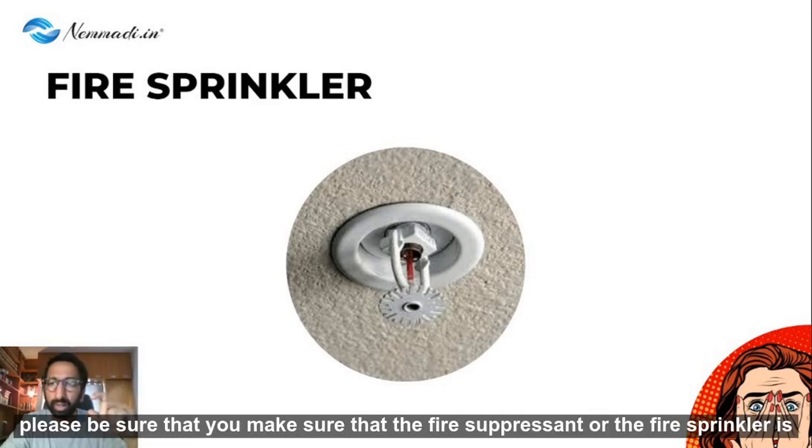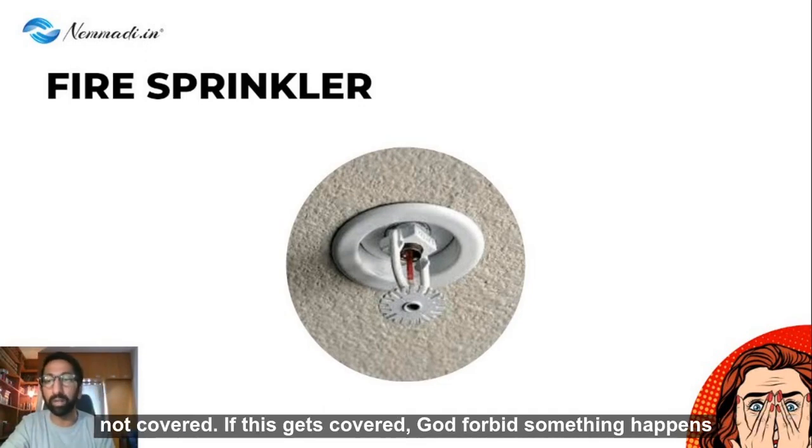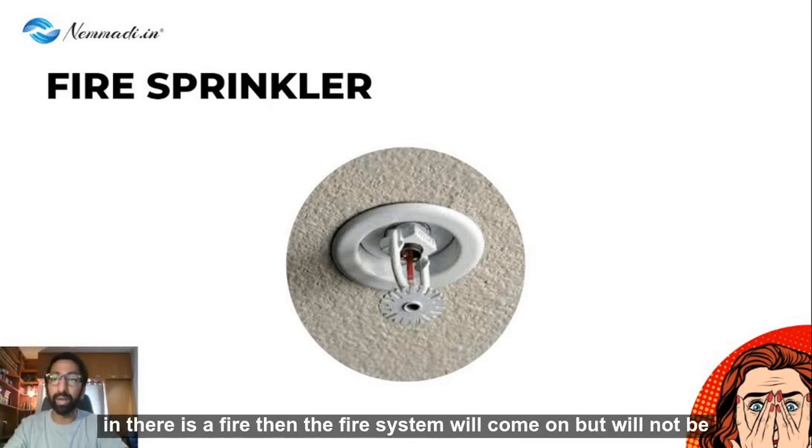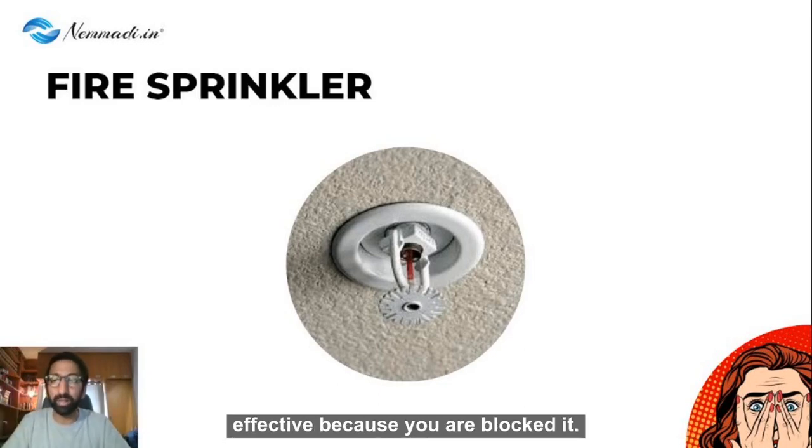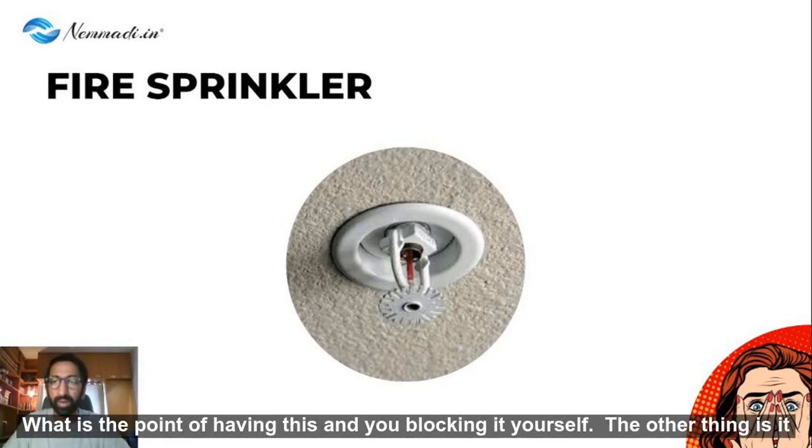Please be sure that you make sure that the fire suppressant or the fire sprinkler is not covered. If this gets covered, then God forbid something happens and there is a fire, then the fire system will come on but will not be effective because you have blocked it. What is the point of having this and you blocking it yourself?